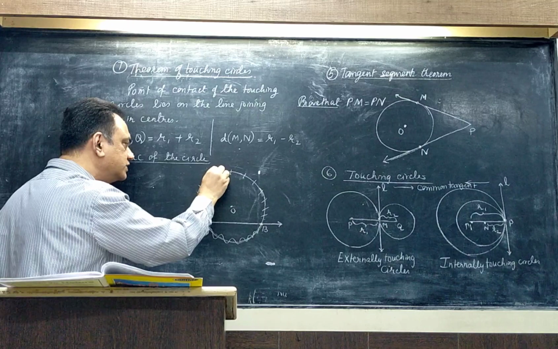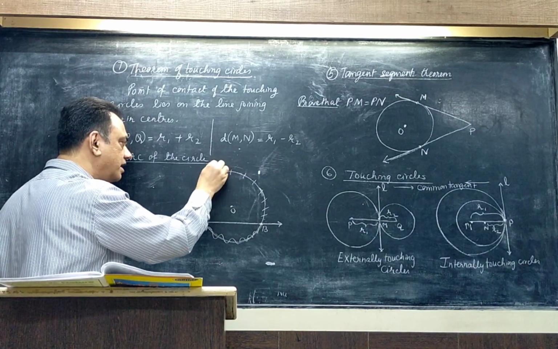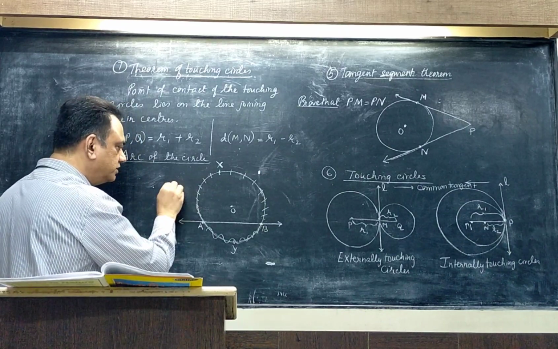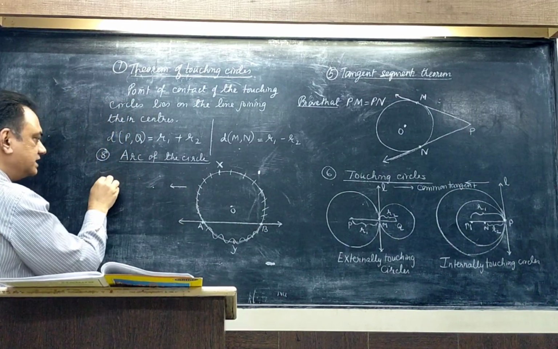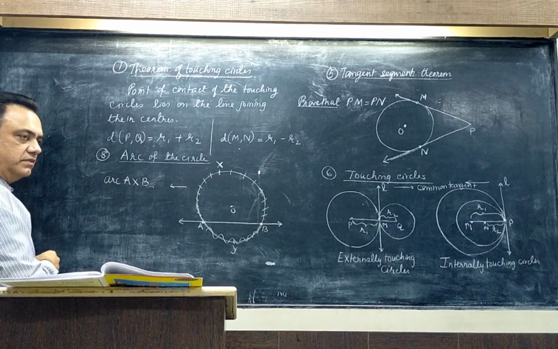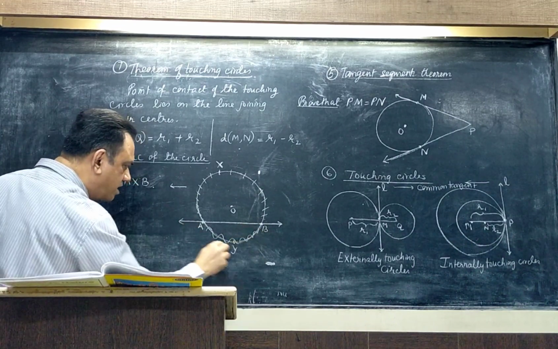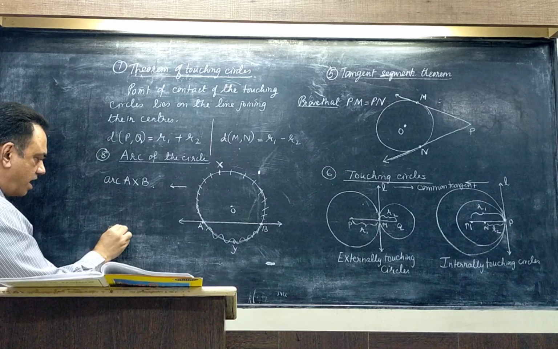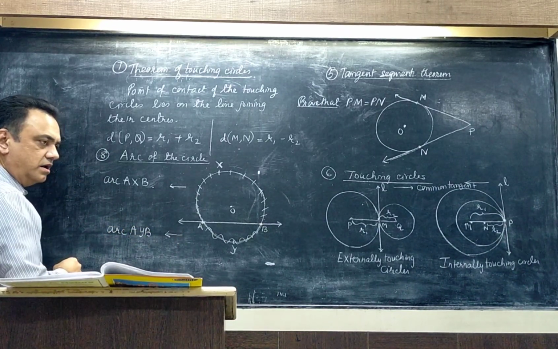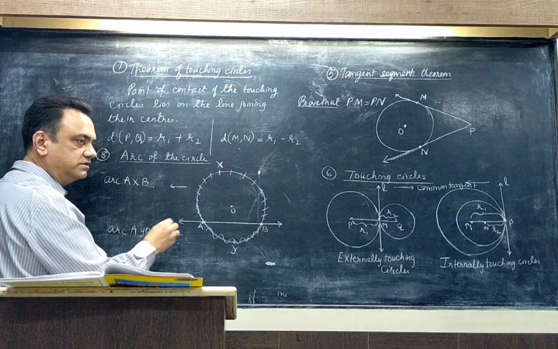So take one extra point on the arc, X here and Y here. So this arc, I'll name it as arc AXB. And this arc, I'll name it as arc AYB.